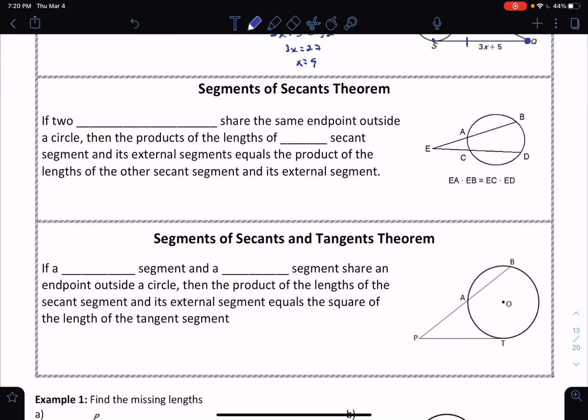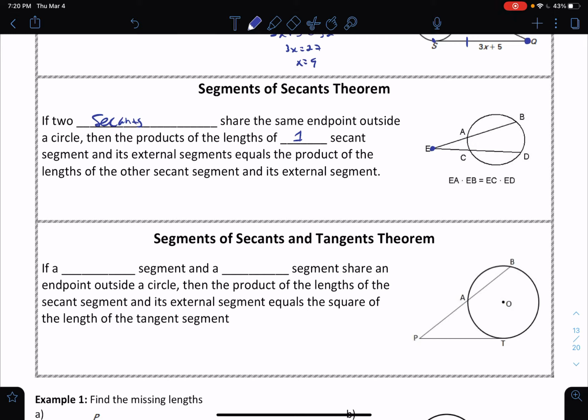Now, the next two relationships go hand in hand. If you have two secants from the outside, so if two secants share the same endpoint outside the circle, then the products of the lengths of one secant segment and its external segment equals the product of the lengths of the other secant segment and its external segment.